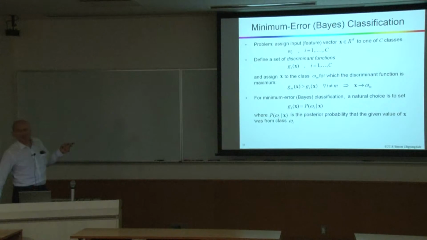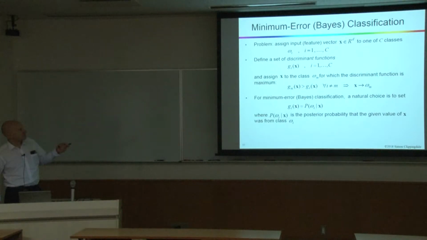The best you can do is a thing called the Bayes classification. The way that works is we assign a feature vector to one of big C classes, i from 1 to C. Classes are called omega i, and for each class we define a discriminant function, this g_i, which is a function of the input vector x, and you assign input vector x to whichever class has the biggest discriminant function at x.